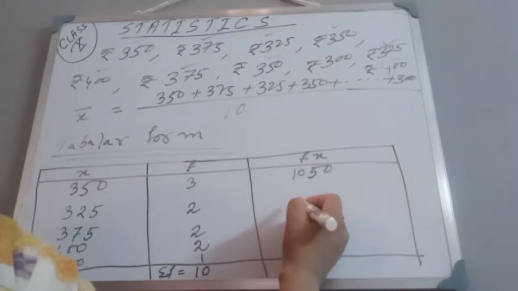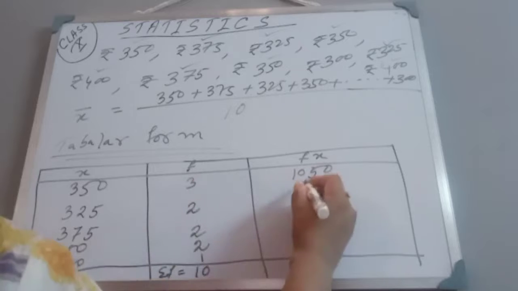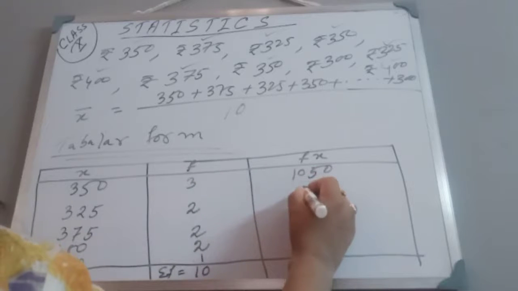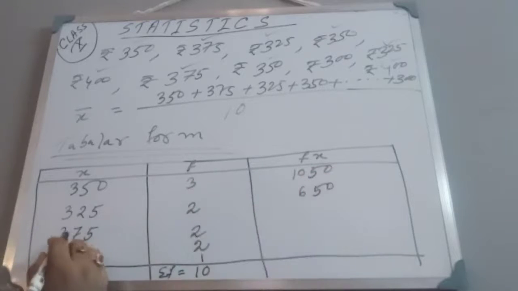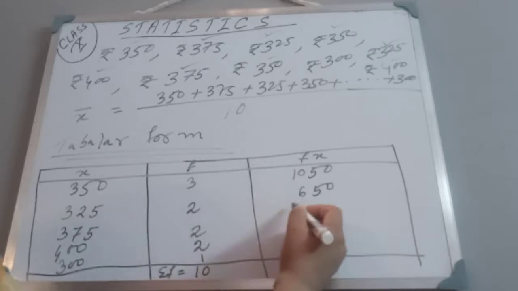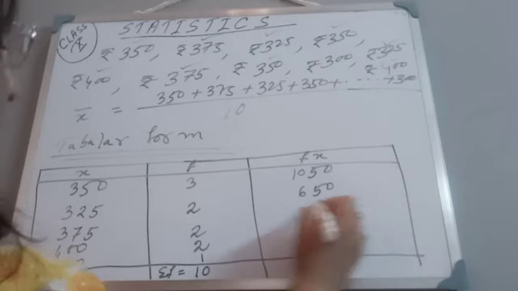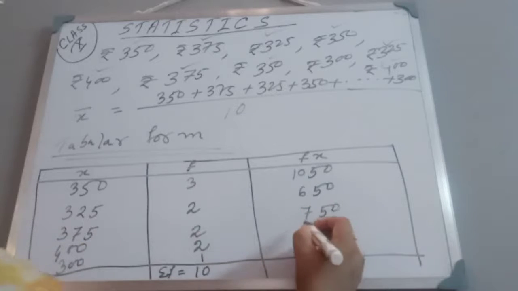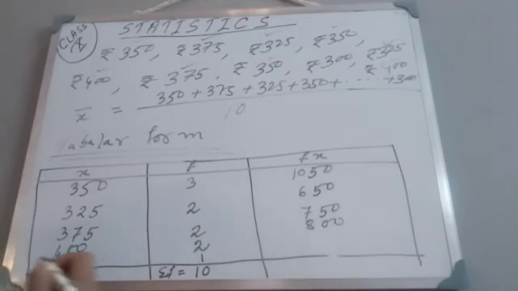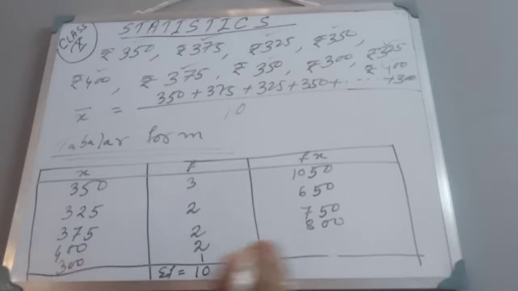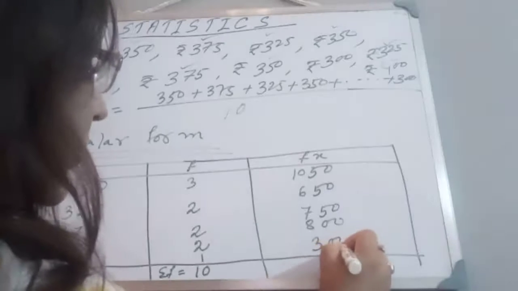Next, 325 into 2 is 650. Next, 375 into 2 is 750. Next, 400 into 2 is 800. Next, 300 into 1 is 300.